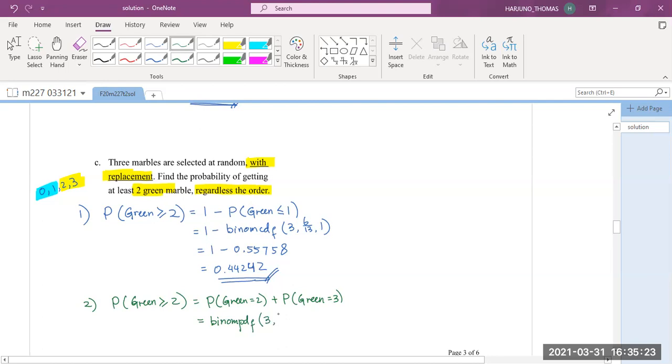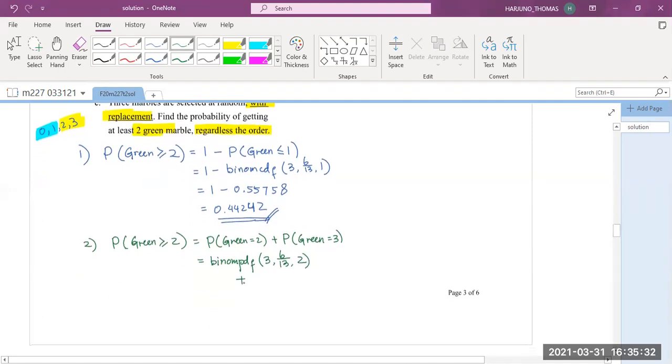3 trials. Probability of getting a green is 6/13. You want 2 successes plus probability of 3 greens. Probability binom PDF 3, 6/13, 3. Now then we use our calculator.